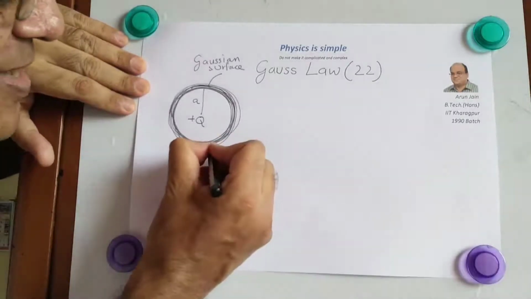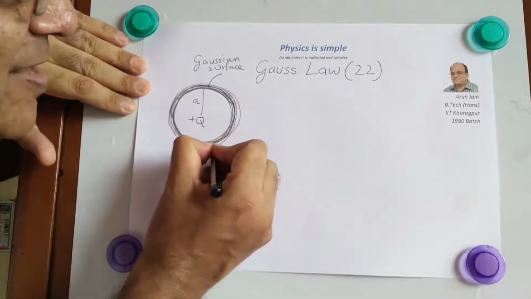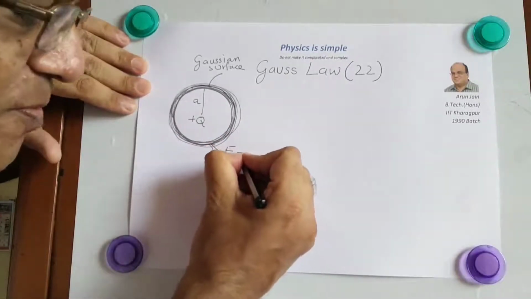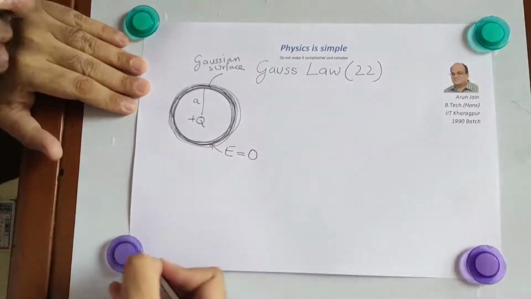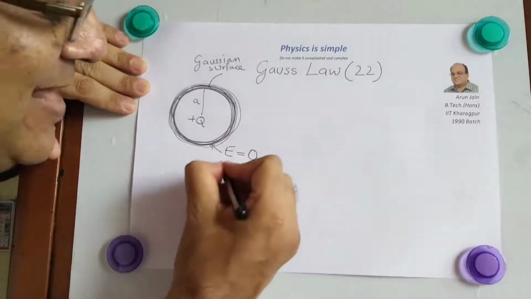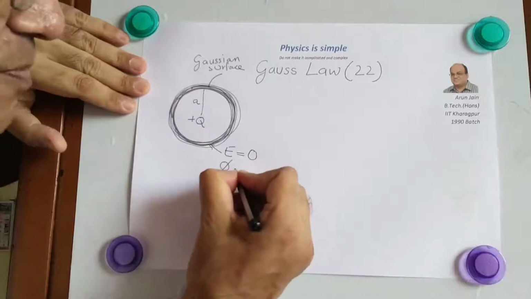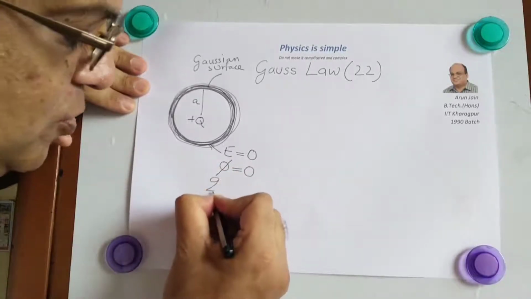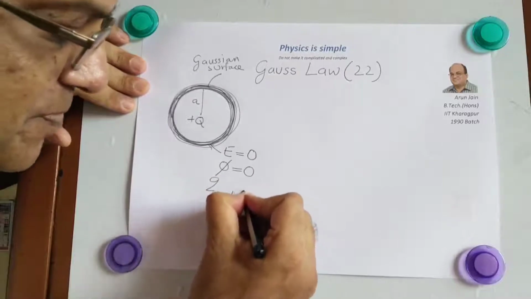Inside the metal, everywhere electric field is zero. If electric field is zero everywhere, then electric flux is zero. If electric flux is zero, Q enclosed will be zero.